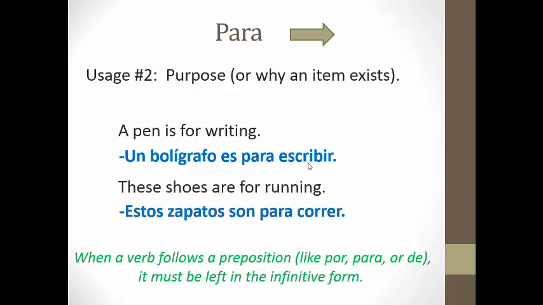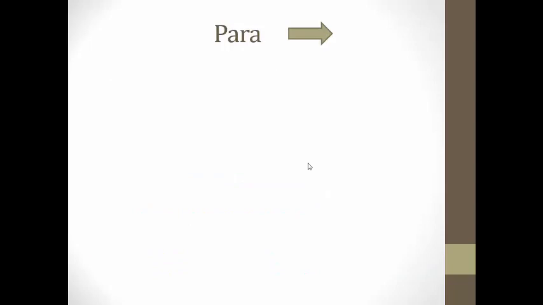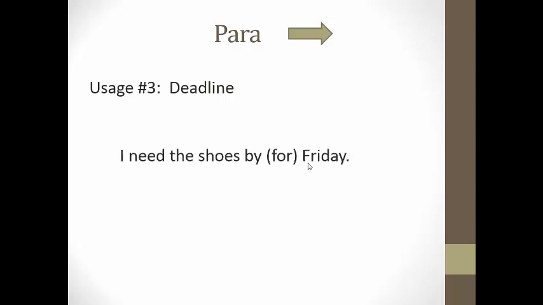Okay, let's look at usage number 3. Deadline. Okay, so anytime you're trying to say, ooh, I have to turn this paper in by Friday. Okay, that by Friday, this paper is for Friday. That's a deadline. That's a timeline you're working with. You're going to need para. Practice sentences on your note guides to translate.